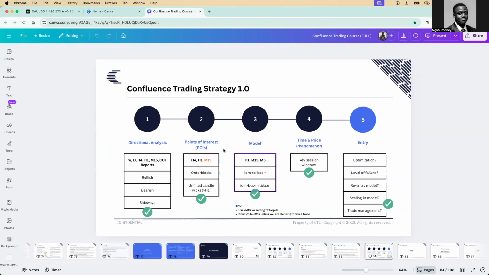What we're interested in now is knowing the points of interest. The points of interest will lead us toward inducement, break of structure and so forth, and then the time window.